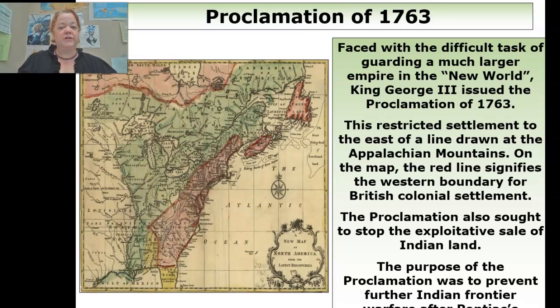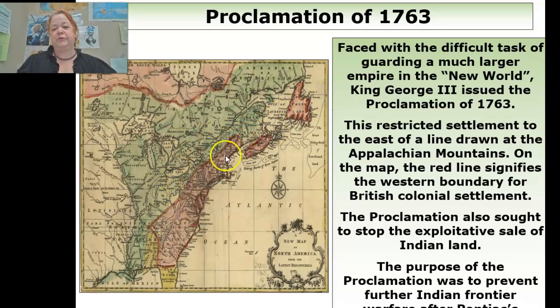So faced with the difficult task of guarding a much larger empire in the New World, George III issued the Proclamation of 1763. Make sure this is in your notes. This restricted settlement to the east of the line drawn at the Appalachian Mountains on the map, and the red line signifies the western boundary for the British colonial settlement, right here.